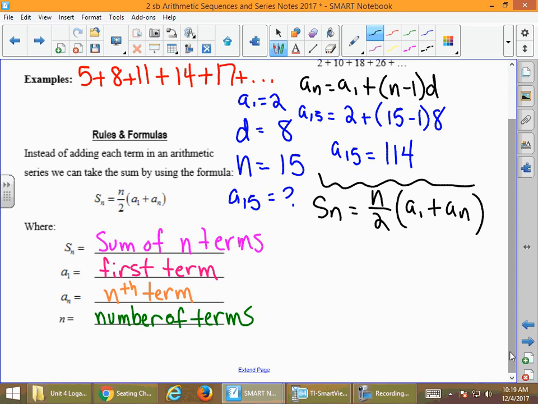We know that n is 15. Our a sub 1, we knew that already. And we just found our a sub n, in this case a sub 15, which is 114.